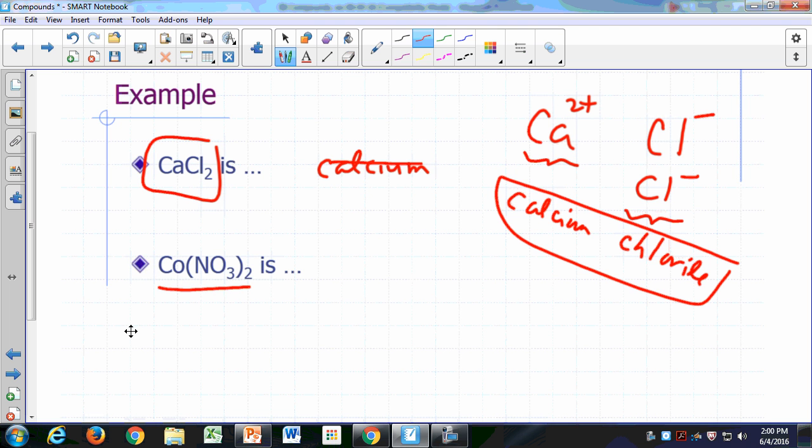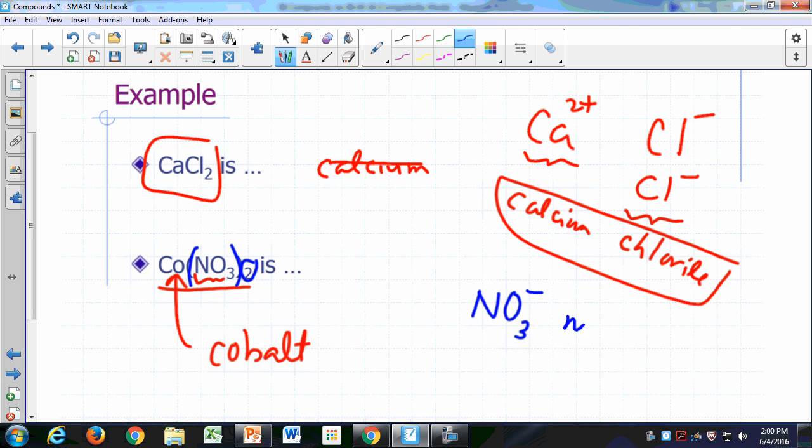How about this one? You should be able to recognize that this is cobalt, a metal cation, and then you should recognize NO3. This one says you have 2 of the NO3 ions. If you look at your list of polyatomic ions, you'll see NO3 with a negative 1 is called nitrate. So this is cobalt nitrate, but cobalt is a transition metal, so it can have variable charge. You have to figure out the charge of cobalt here.